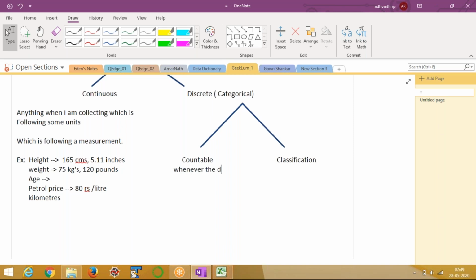So when will we call it countable data? Whenever the data is exactly countable. Let's take an example.